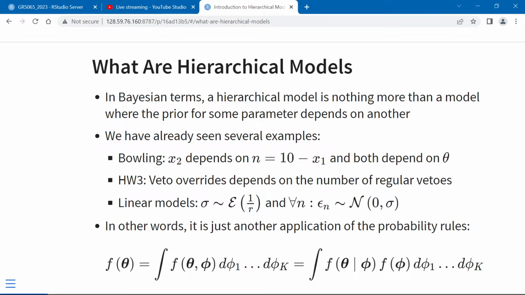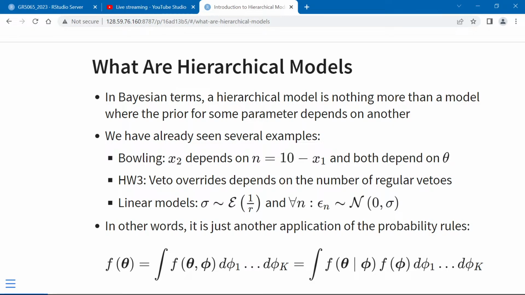And just to emphasize that this is not too big of a leap from what we've been doing before, we've already seen several examples, at least with hierarchical data. So the bowling example, all the way back in week 2. The probability distribution for x2 depends on n, and n is 10 minus x1.